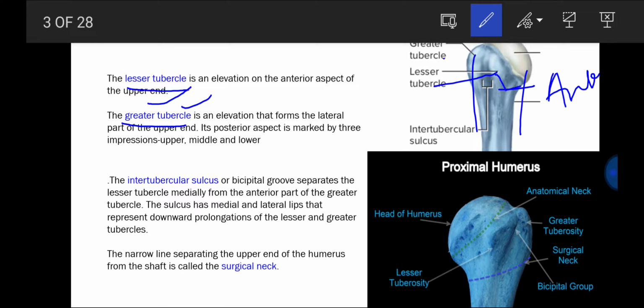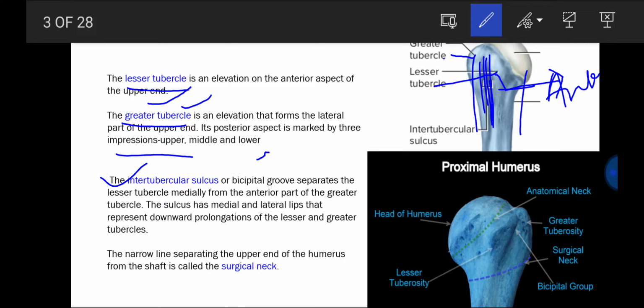So lesser tubercle is the anterior part, greater tubercle is the lateral part, marked by three impressions: upper, middle and lower. Then we proceed to the intertubercular sulcus.